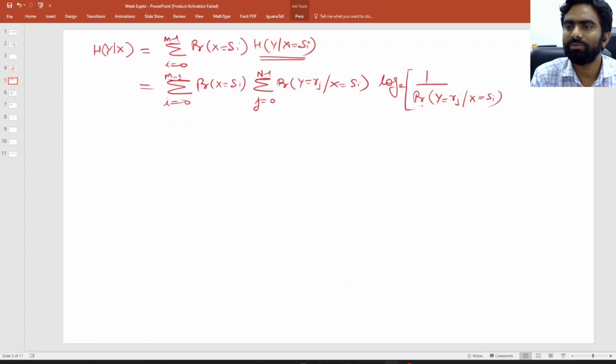So why am I writing this? Because if the symbols are independent, this will be simplified. Let's say X and Y are independent.